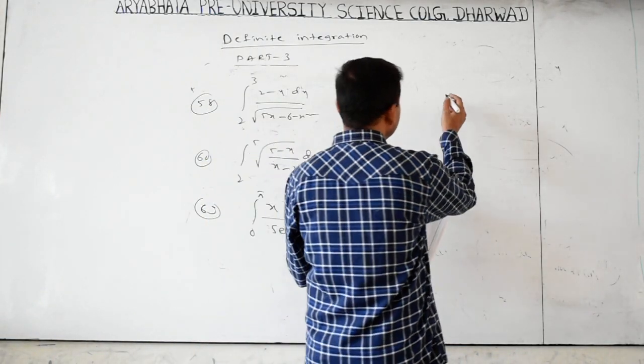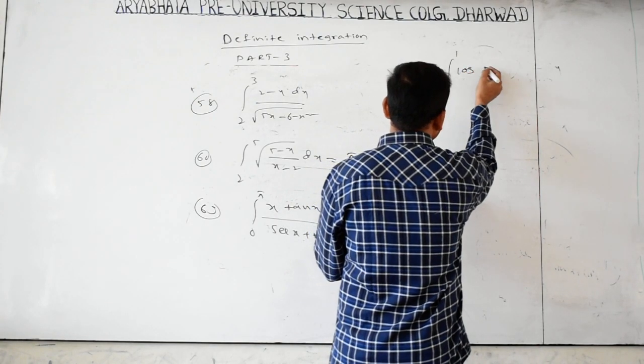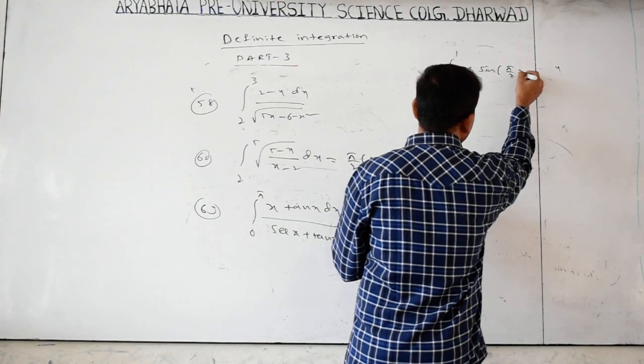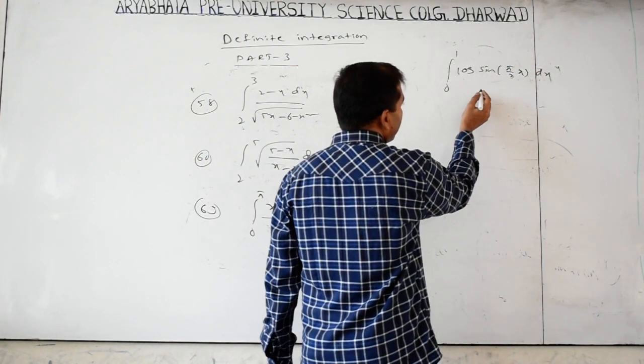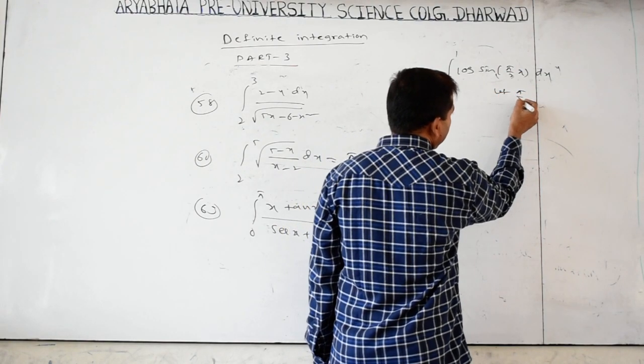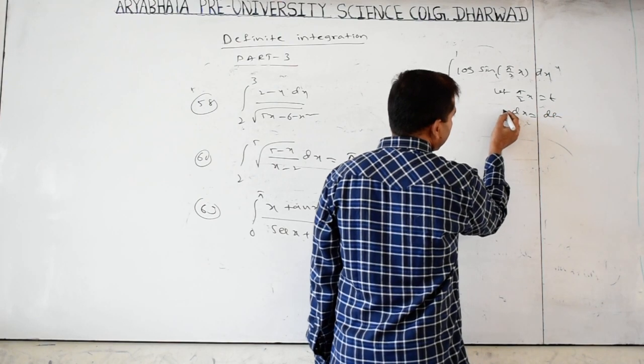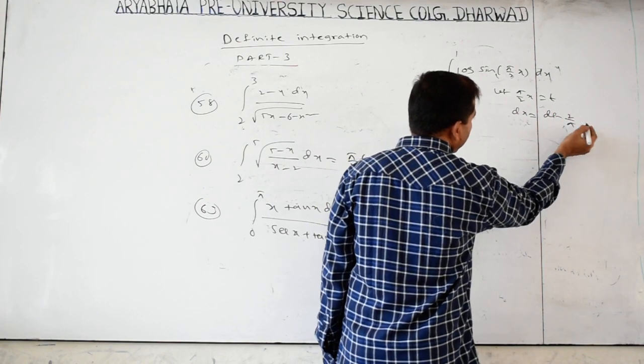Next question number is 64: integration from 0 to 1 of log of sin of (pi by 2) x dx. We know the log of sin x formula, but pi by 2 x is there. Let pi by 2 x equal to t, then dx is equal to (2 by pi) dt.